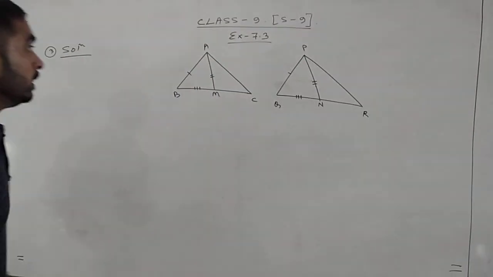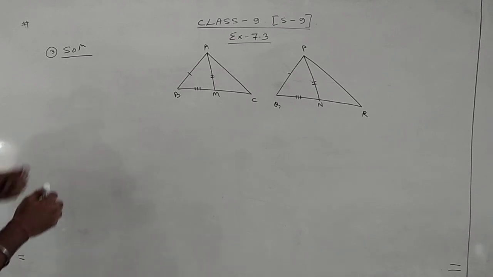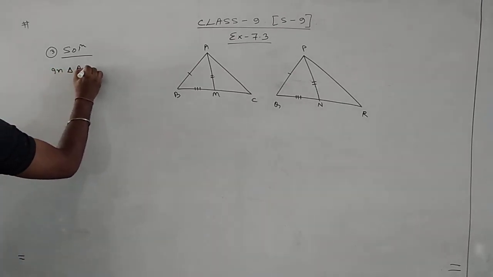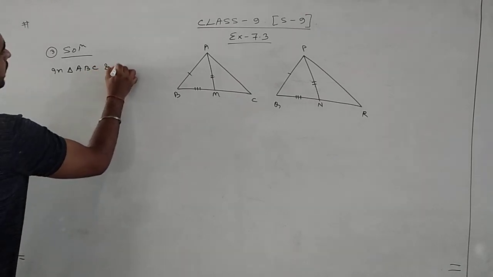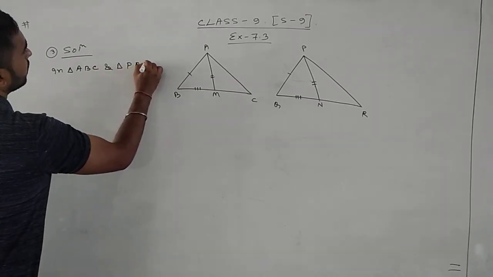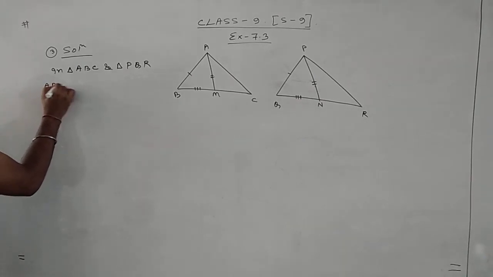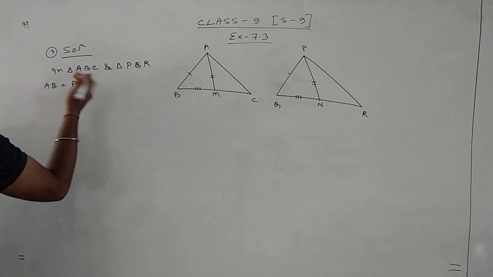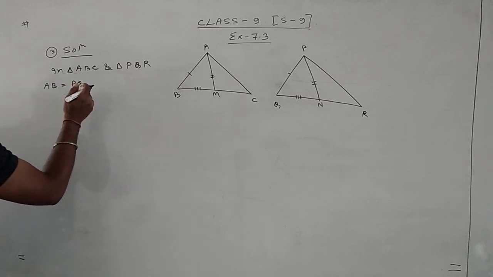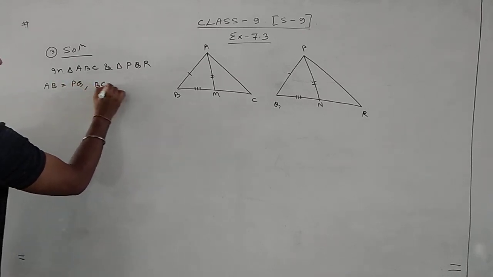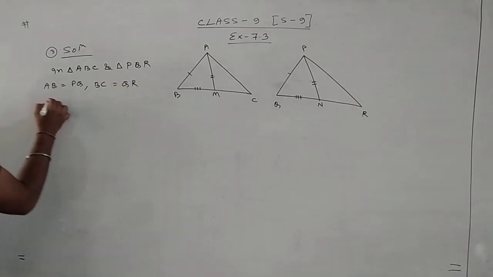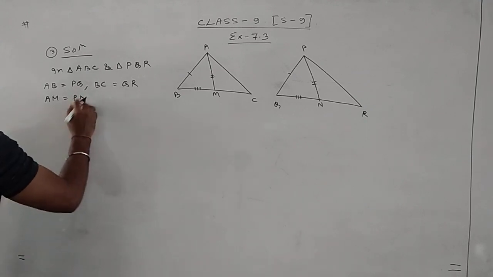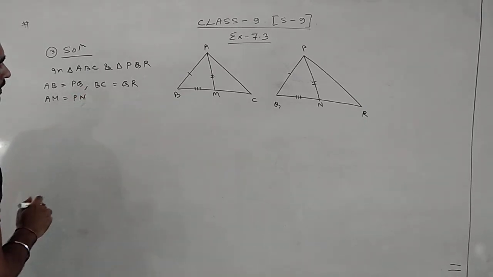Okay. So here first we'll write down what the given conditions are. In triangle ABC and triangle PQR, AB equal to PQ, BC equal to QR, AM equal to PN, it is given.